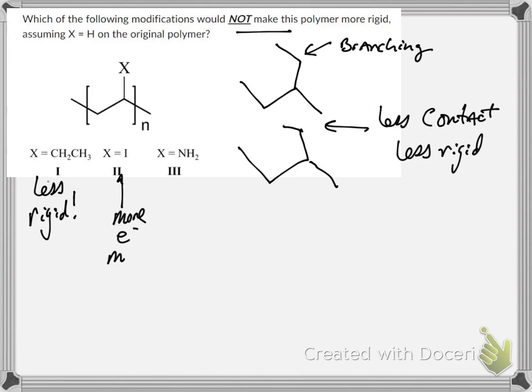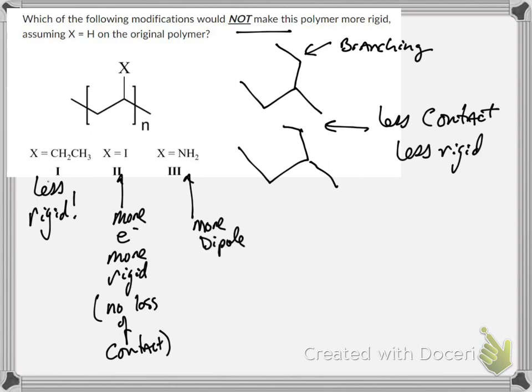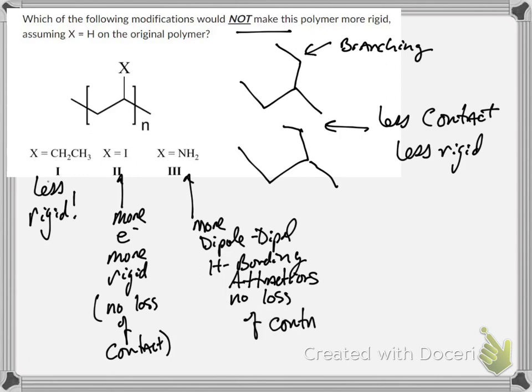Now, adding iodine means you've added more electrons, which are going to make it more rigid without adding branching. You didn't lose any contact by adding this atom. Same thing with 3. You've added more dipole-dipole interactions and hydrogen bonding interactions without any loss of contact.